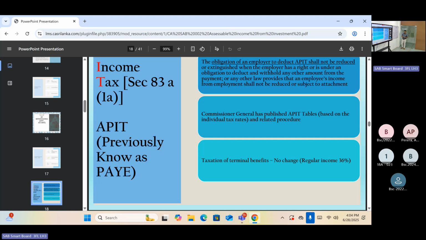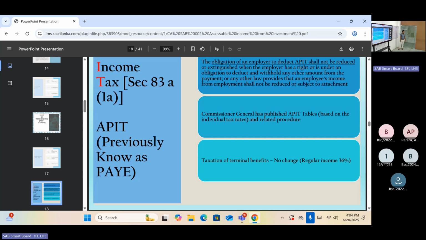Regular. The reason is that after giving all the exemptions, if there is liable income, taxable benefit, it says the first 10 million is taxed at 0%.